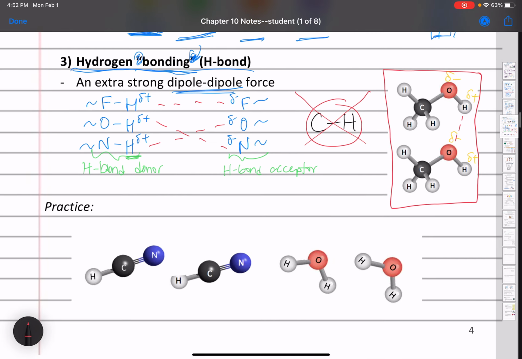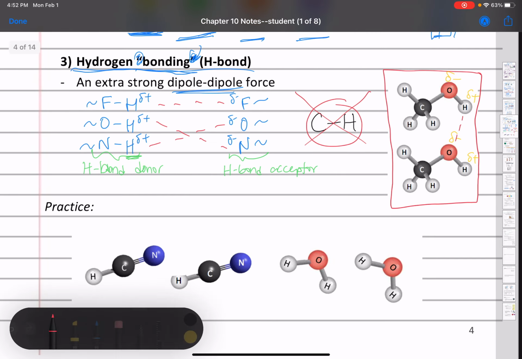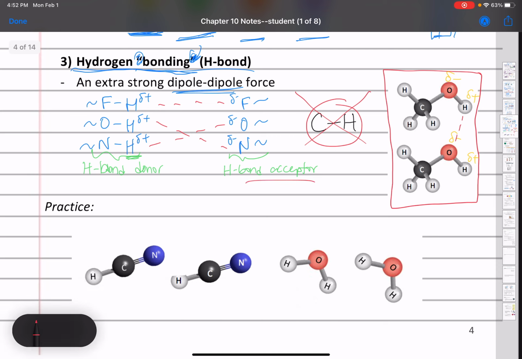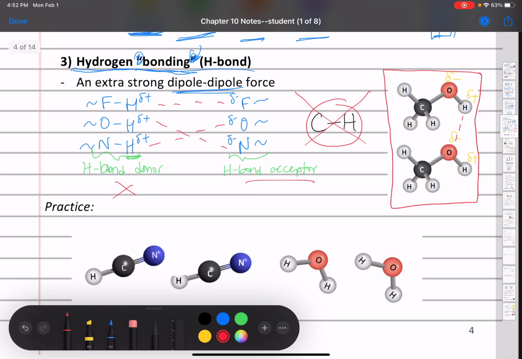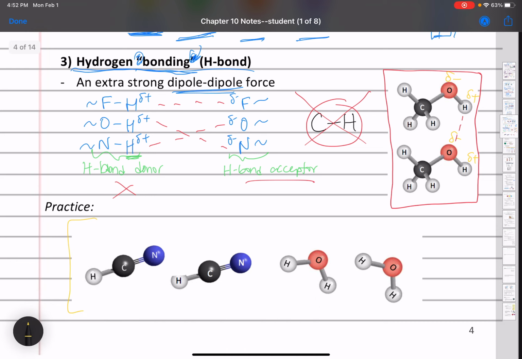Okay, sometimes though you have a molecule that has a hydrogen bond acceptor but does not have a hydrogen bond donor. And that example is here in this practice problem. So I've got a carbon-hydrogen bond that is not polar, and I have a carbon-nitrogen bond that is polar. Nitrogen has a high electronegativity, and carbon does not.